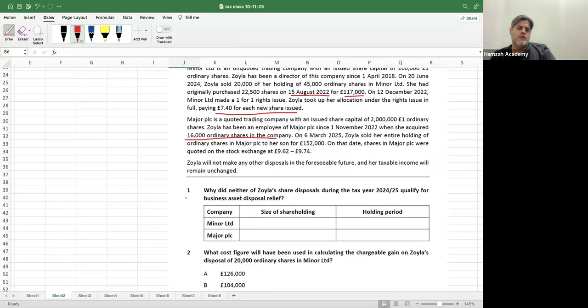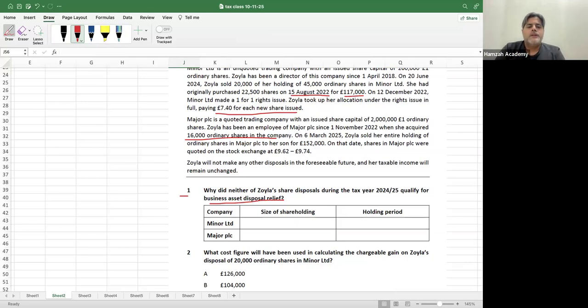So, number one, why did neither of Zoila's share disposals during the tax year 24-25 qualify for the business asset disposal relief? Now, overall speaking, if we talk about business asset disposal relief, there are 2 points that you need to consider over here.